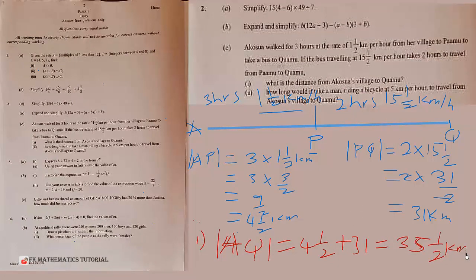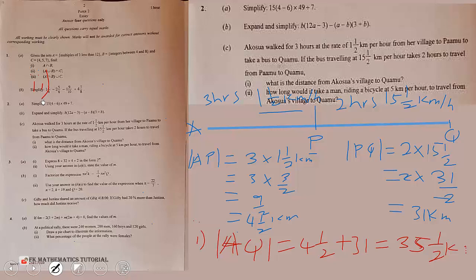Now we are to the next question. It says, how long will it take a man riding a bicycle at 5 kilometers per hour to travel from Akosua village to Kwimu?